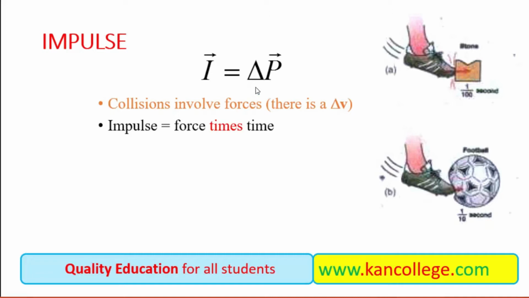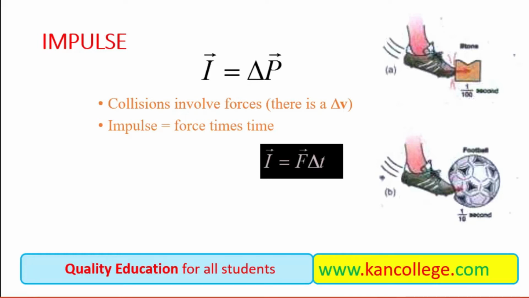Initially, we described that the change in momentum is impulse, and now we claim that force into time is also impulse. In the next slide, we will see the mathematical verification of this description that impulse is actually the change in momentum and impulse is also the product of force and time.